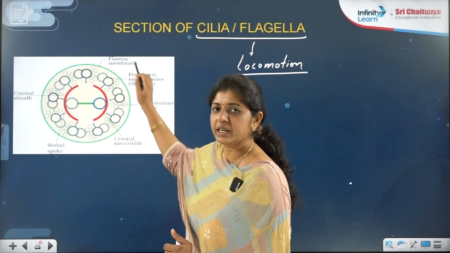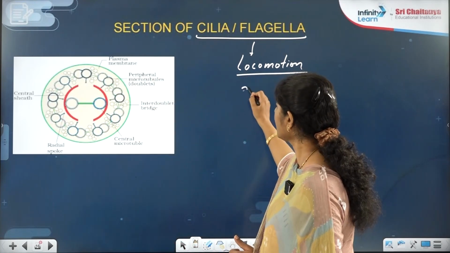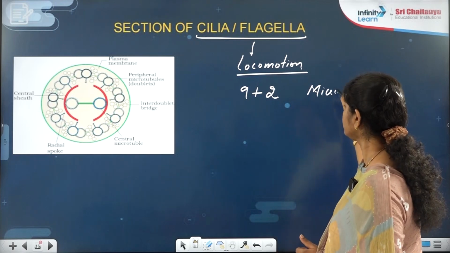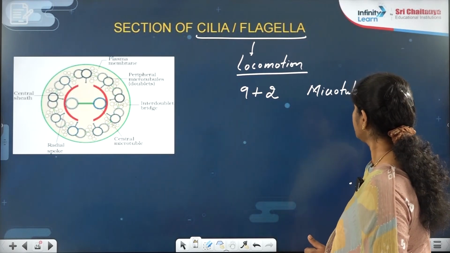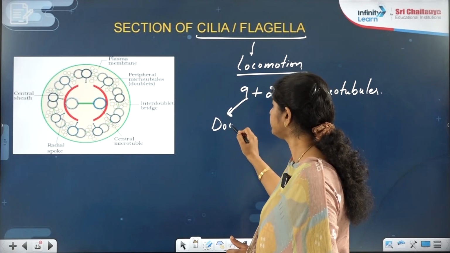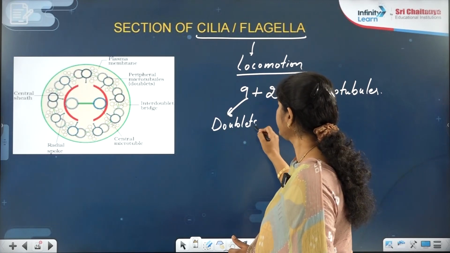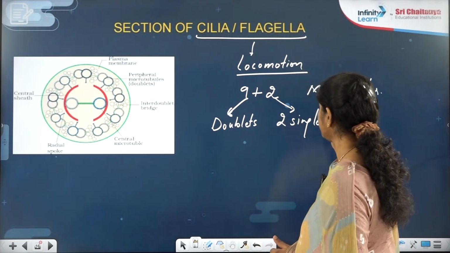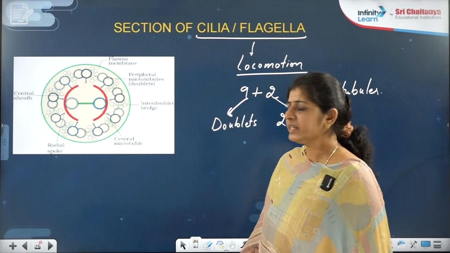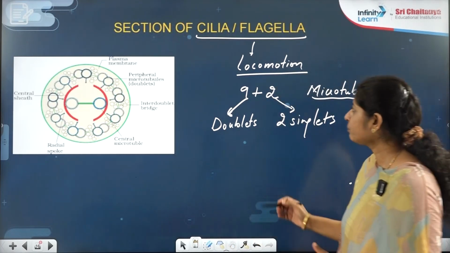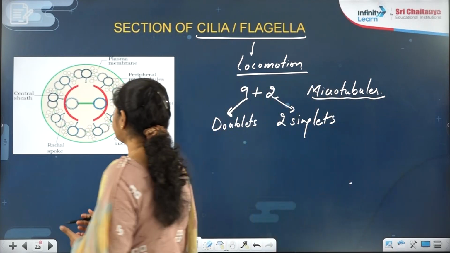The green line is the plasma membrane, and both show a 9+2 arrangement of microtubules, right? 9 means they have 9 doublets, and 2 means they have 2 singlets. 9 doublets and 2 singlets of what? Microtubules. And both help in locomotion.